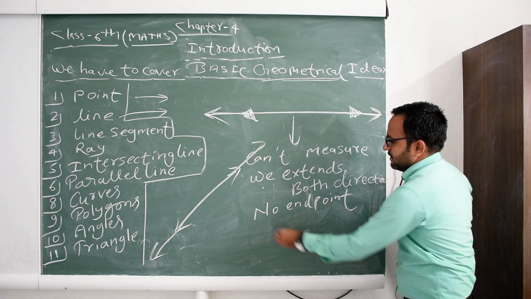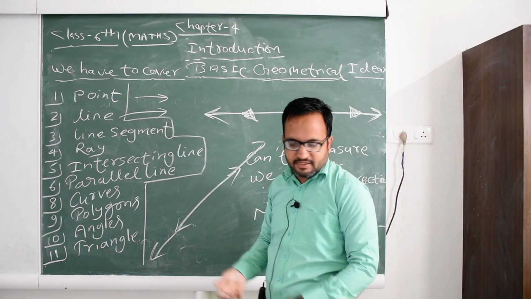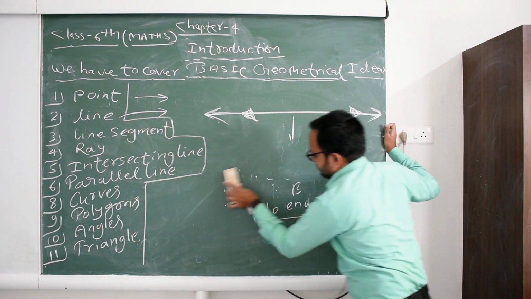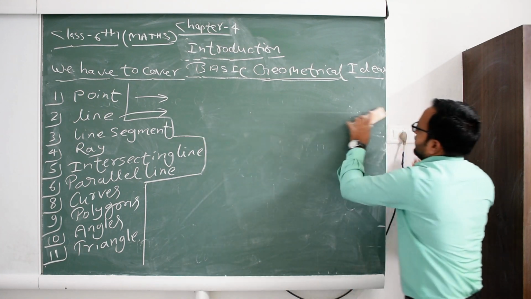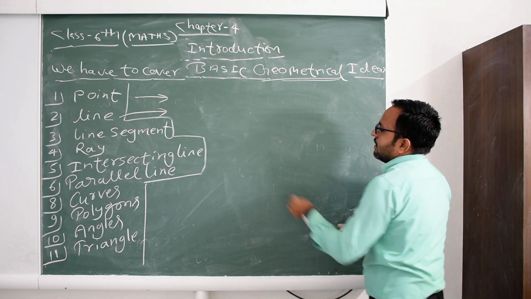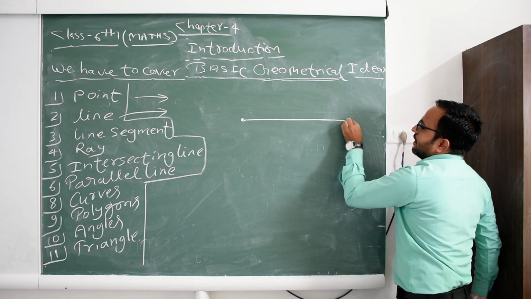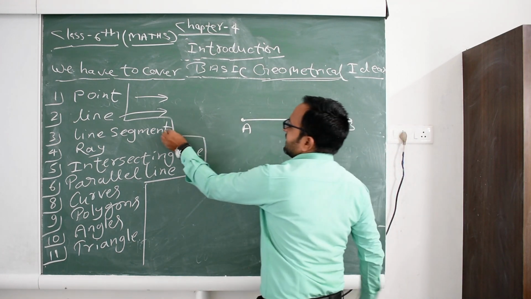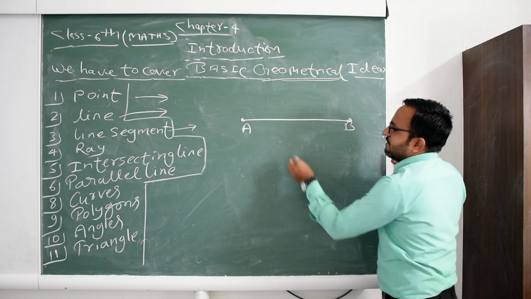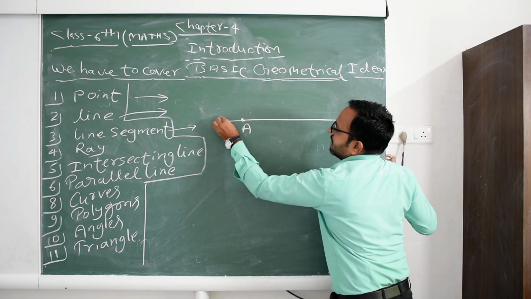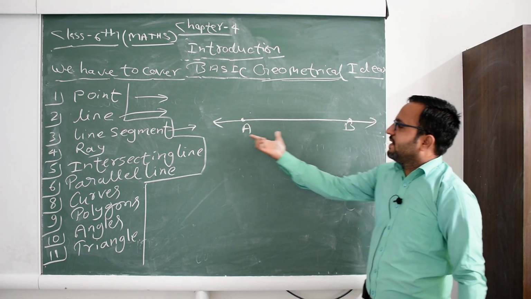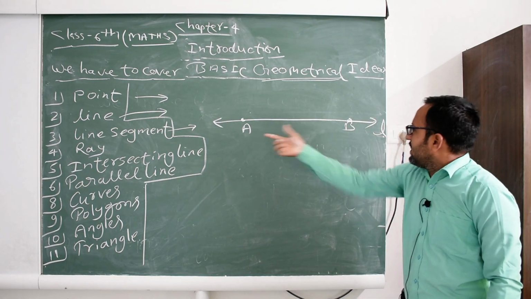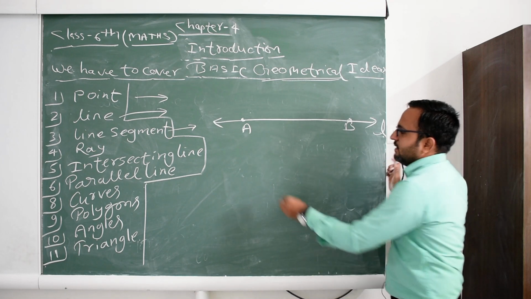Now we discuss line segment. A line segment is a part of a line. Now see, line L, but AB is a line segment.